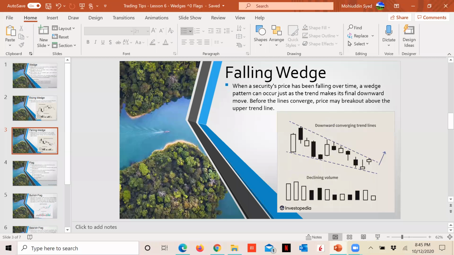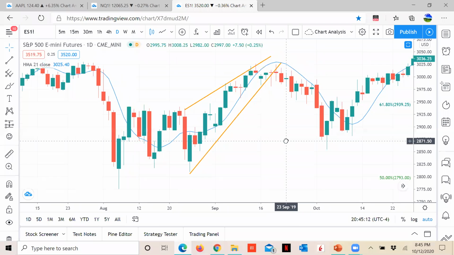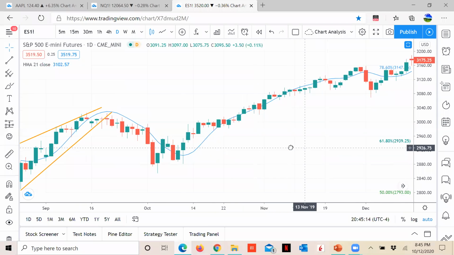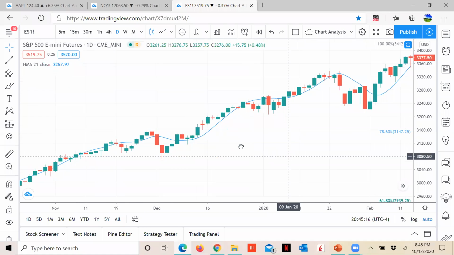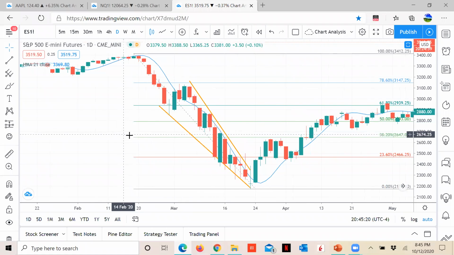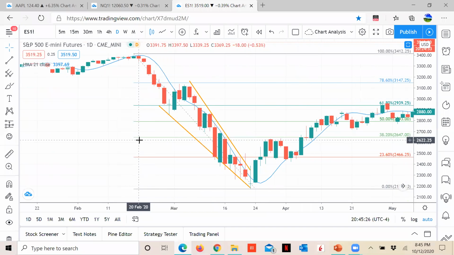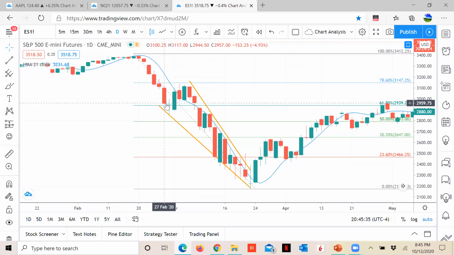Let's take a look at an example. On the S&P 500 mini futures again, the best example can't be better than what we had in March, this pandemic. If you look at this, it stopped here with this wedge.